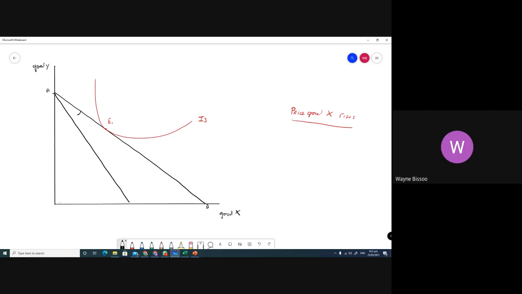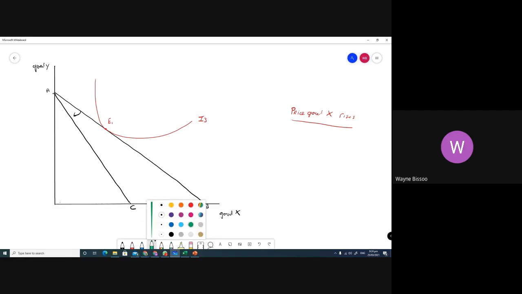All right, so the budget line is going to pivot inwards from AB to a new budget line AC here. Okay? Let's bring this down like that there. Right. That means that the price of good X is now more expensive, so we can only afford less. Now, at this point here, let me just track this in.